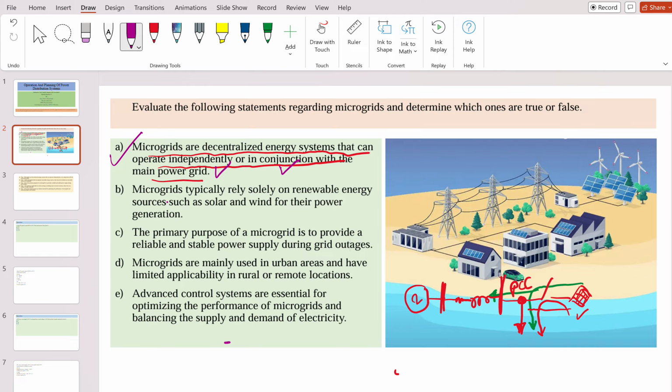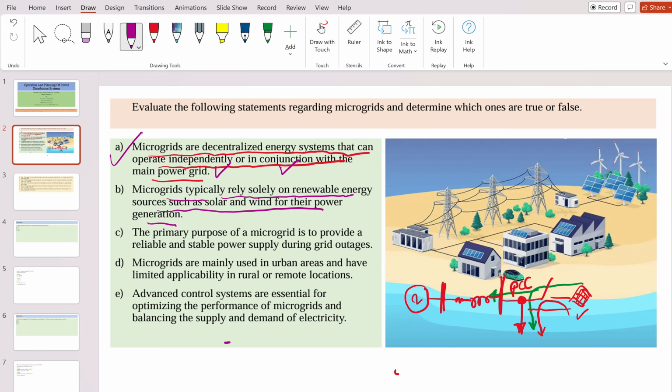Option B is saying that a microgrid typically relies only on RE sources such as solar and wind for power generation. It is true that solar and wind are fine, but you have other generating sources also, like biomass. That is also considered a decentralized microgrid, and it can generate power and supply it to the grid.